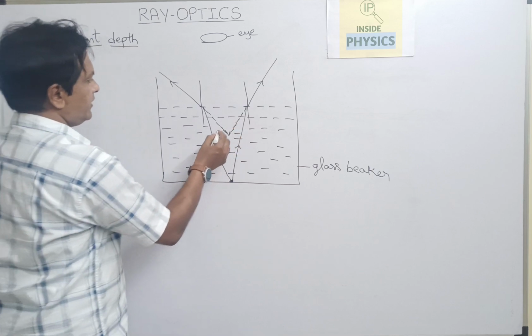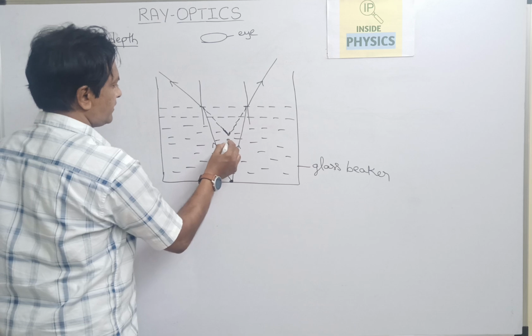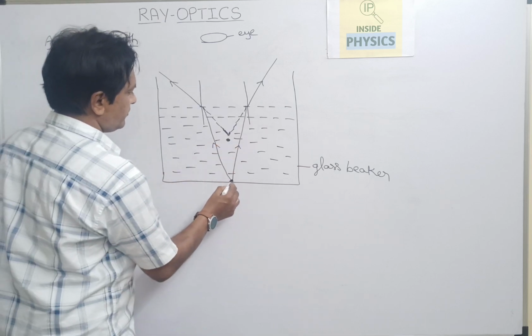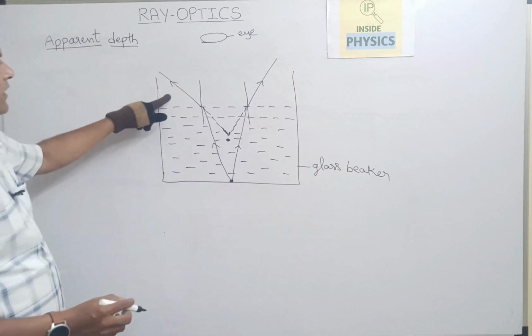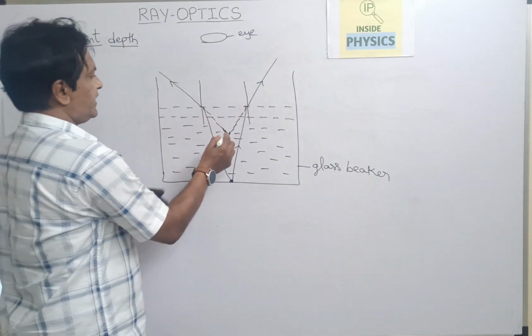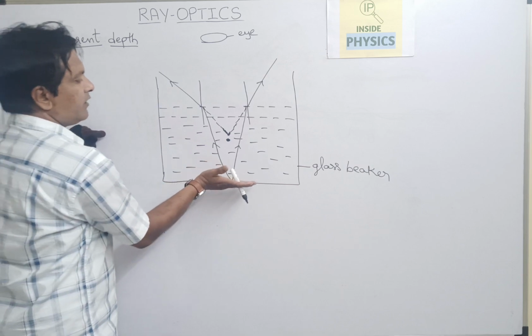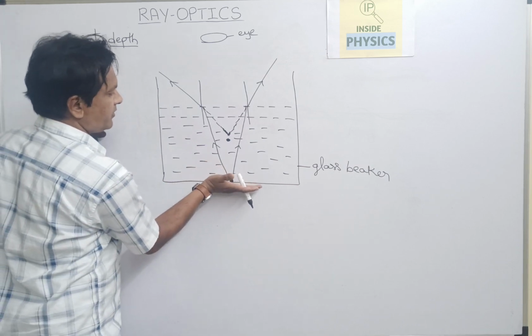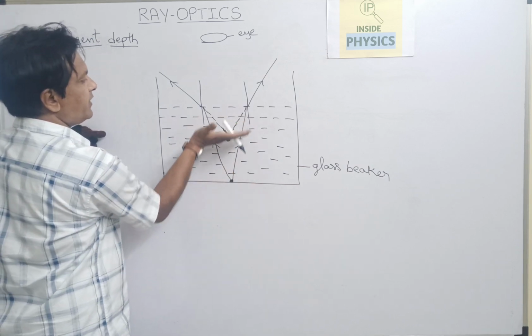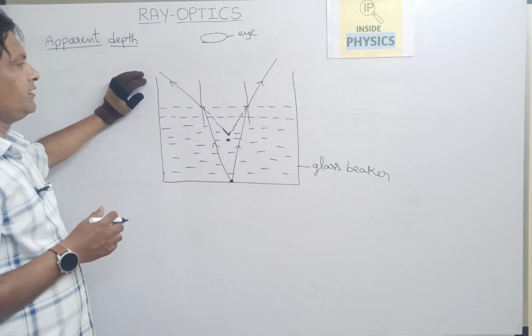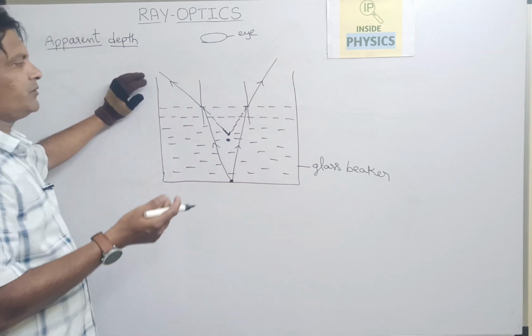So they are actually meeting here. This is the original point, and the refracted rays actually met at this point. So we observe the bottom level of the beaker to be a little bit raised, and this is because of the refraction of light passing from one medium to another.